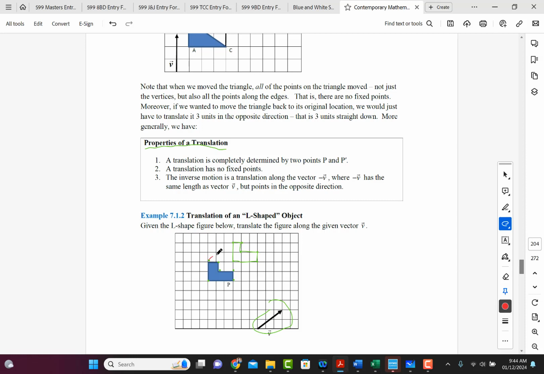So I have this. Something like that, right? Well, that last line we don't need, I don't think. Okay, so there's your translation.